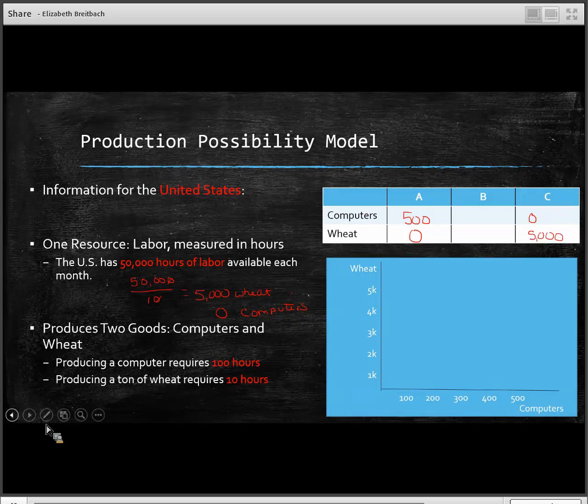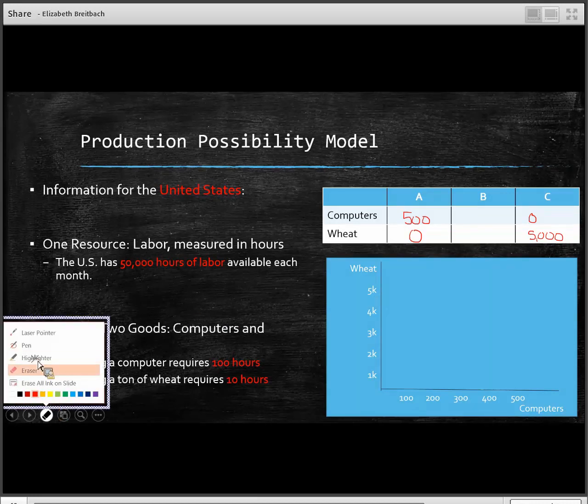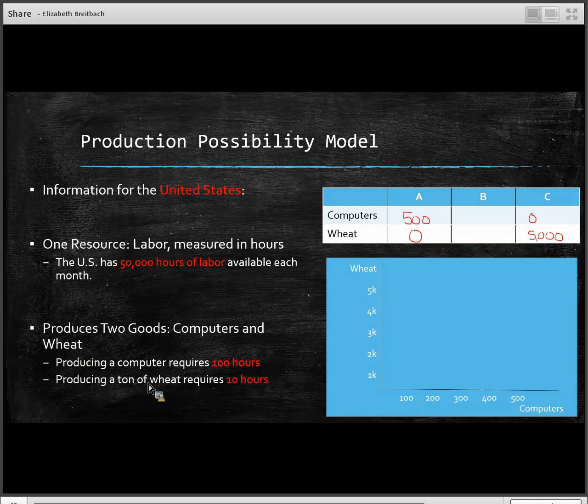I could spend no time producing computers, spend 50,000 hours producing wheat, and that will allow me to produce 5,000 tons of wheat. All right, and then finally, what if we decide to use half of our 50,000 hours of labor to produce computers and the other half to produce wheat? So I'm using half of my labor hours to produce computers, the other half to produce wheat. And so that means I have 25,000 hours available to produce computers, and I have 25,000 hours available to produce wheat.